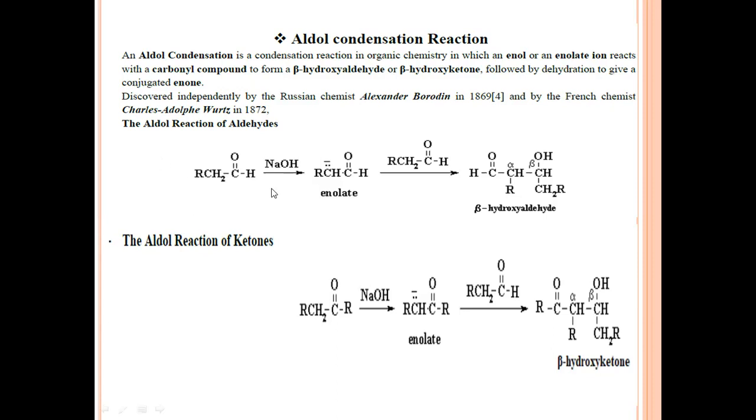Whenever an aldehyde functional group reacts with a strong base, as we have already discussed, it produces an enolate ion. This enolate ion will further react with a second molecule of the aldehyde to produce beta hydroxyaldehyde.